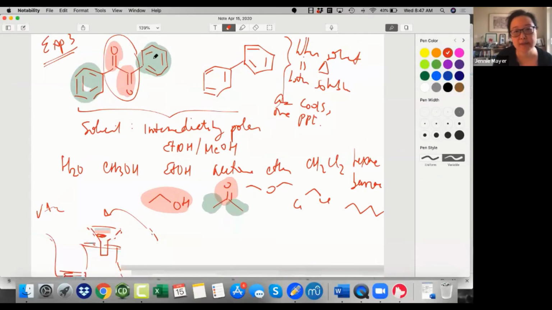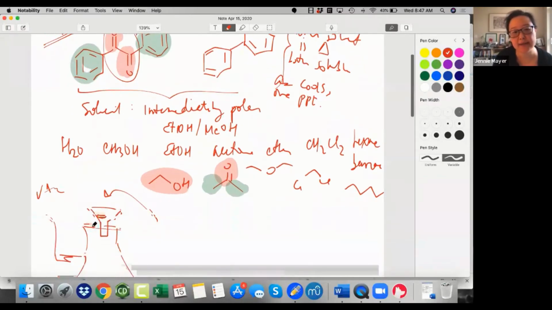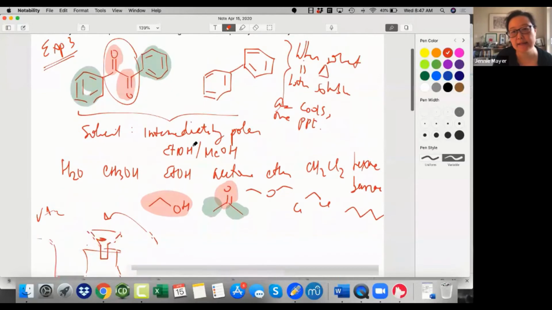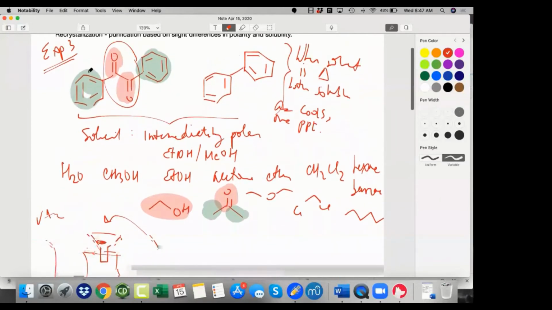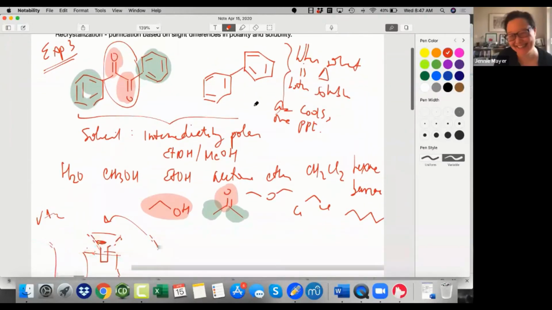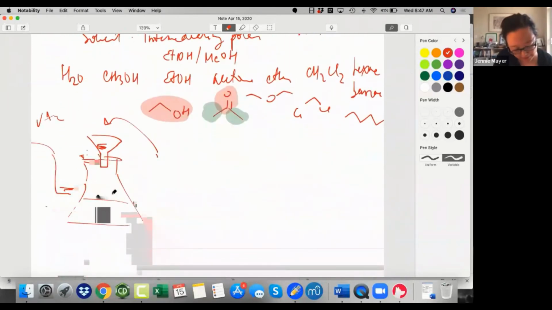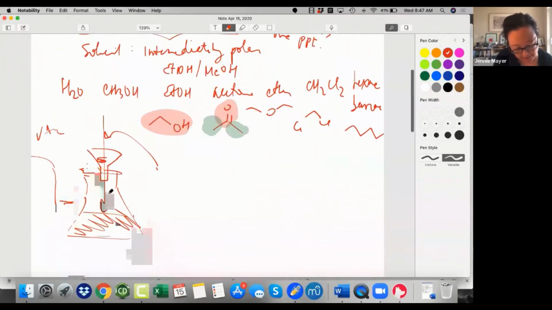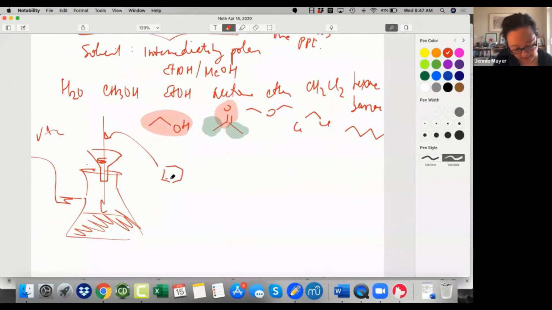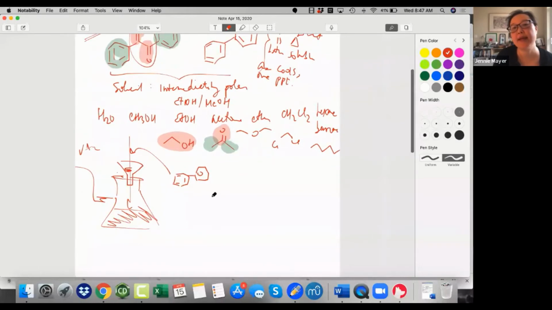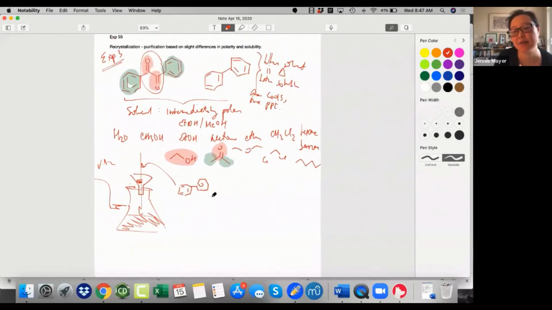Which of these, the one on the left or the one on the right, is going to be at the top? The one on the left. Sorry, the one on the right, I think. Yeah, that's right. So these will be more soluble, so that will be in the mother liquor, what we call the mother liquor. It'll go through. And then the stuff on the top will probably be the stuff that's not as soluble. Thanks, Manuela. That's right. Okay, so the benzyl. So that's for you to predict as you're doing this lab today and this week.